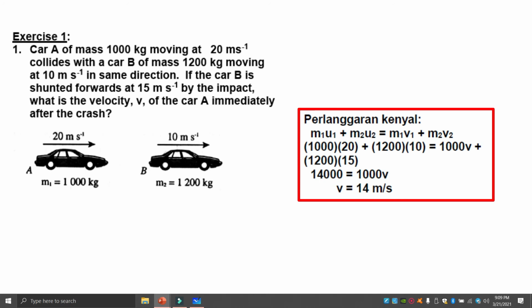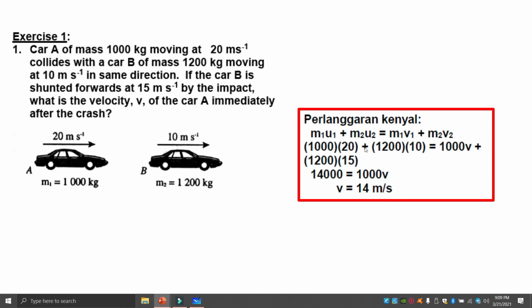So this one is elastic, because it didn't mention that the objects move together or stick together. So this is the formula. m1 is the mass of car number 1, or car A here, and u1 is the initial velocity before it collides, so this one is 20.